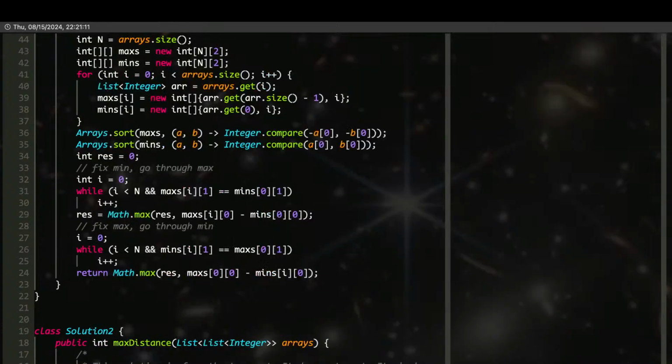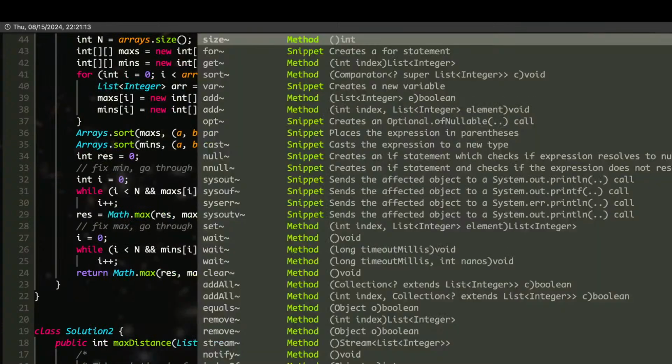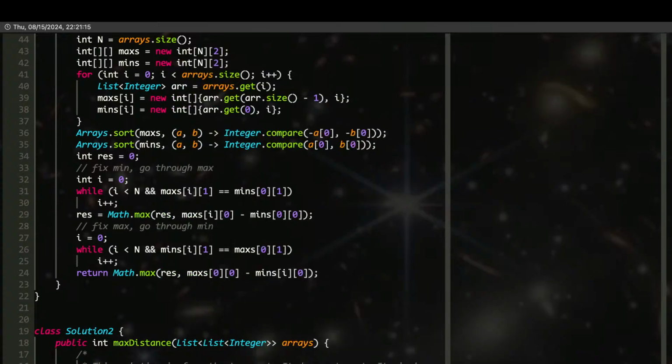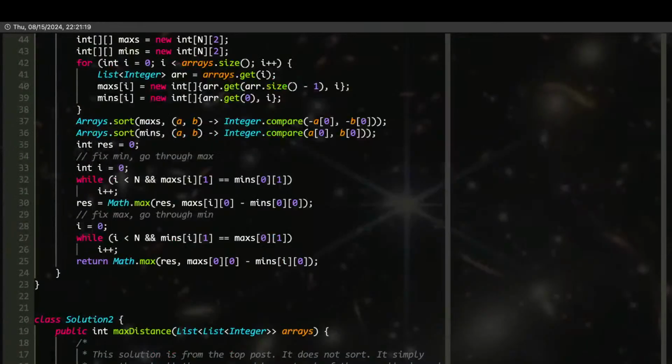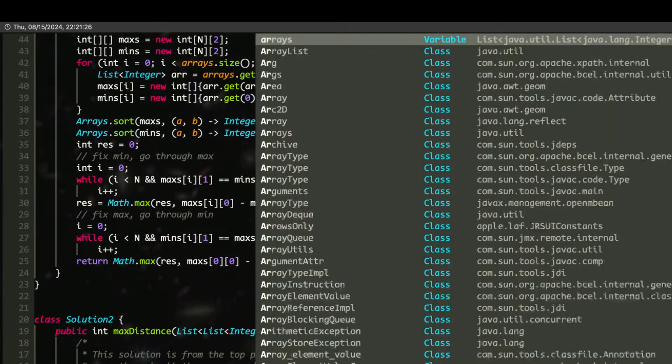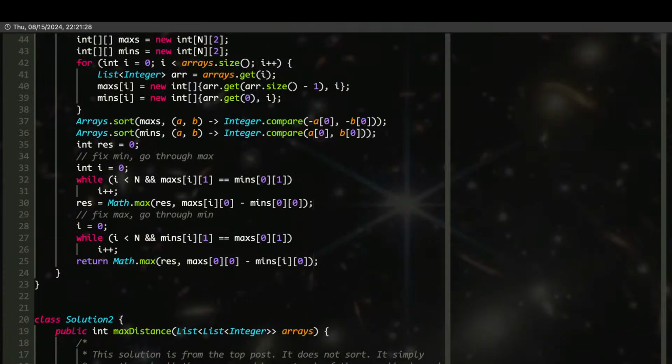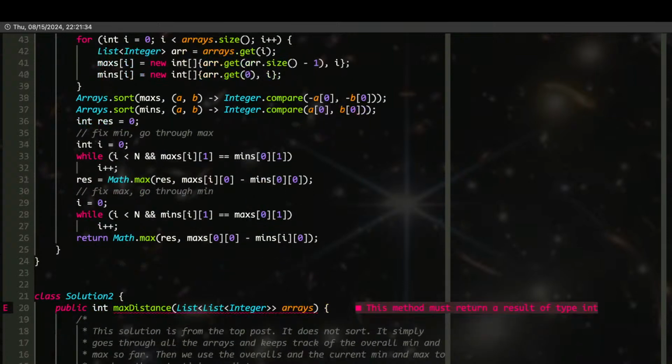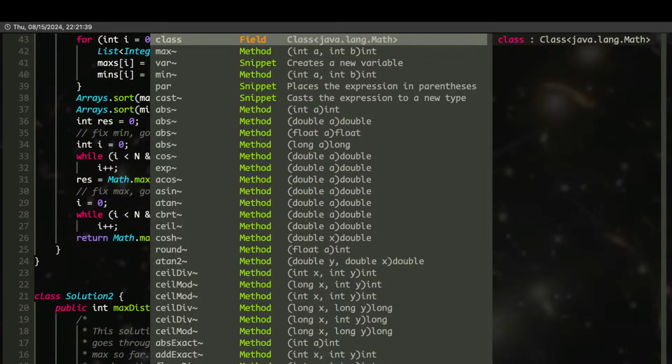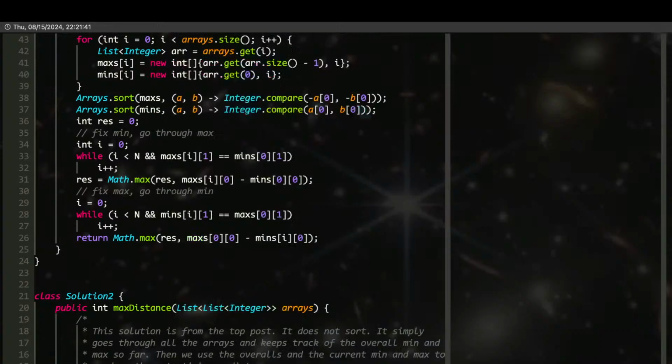Int current min is get(i).get(0), int current max is the last element of arrays.get(i). Okay, result shall equal Math.max of result.